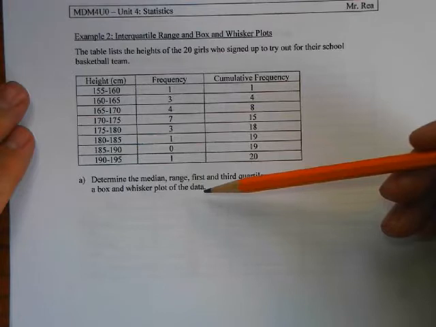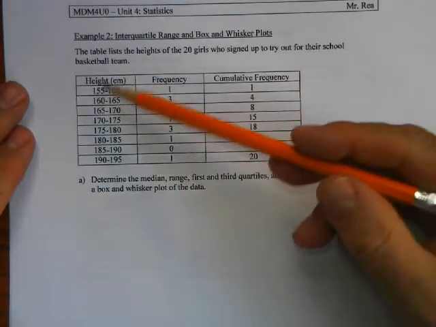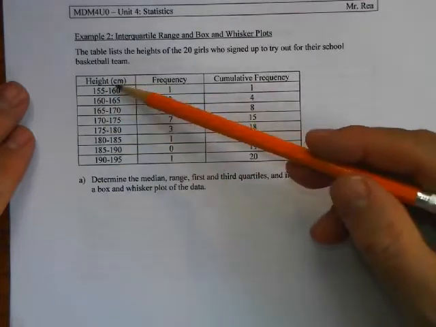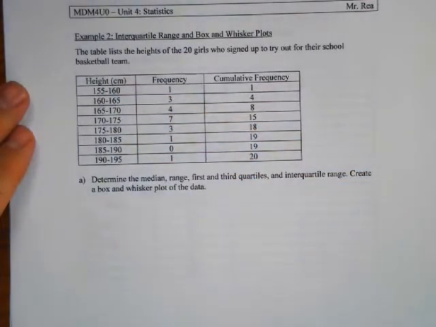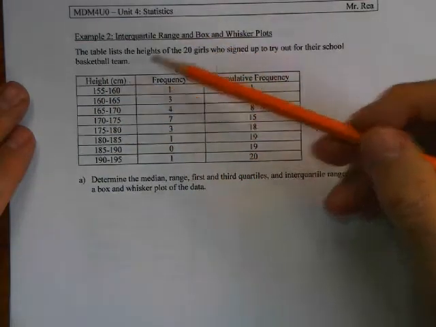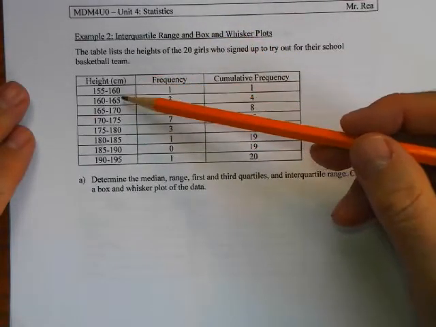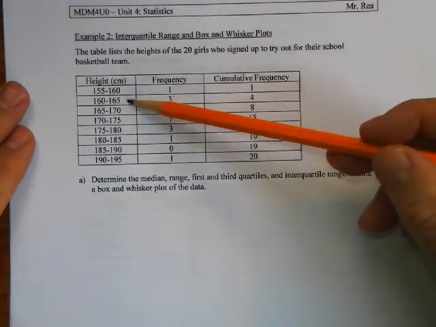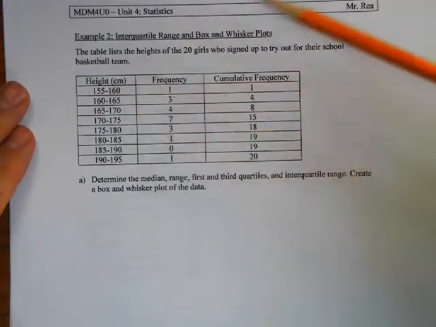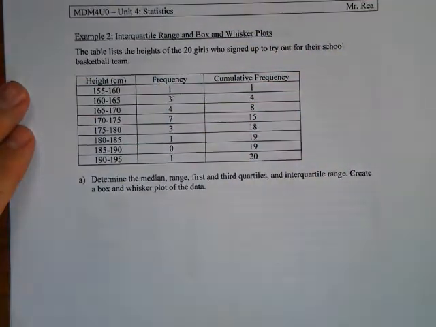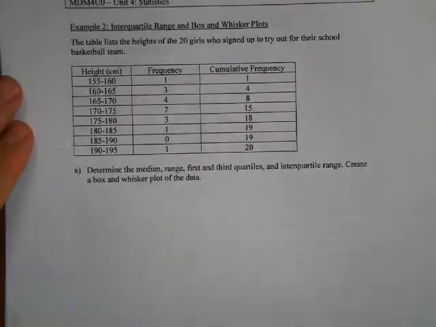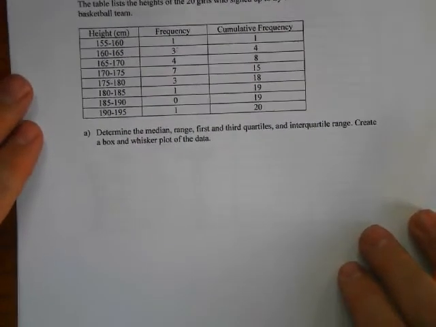It won't be a problem here, but if I was creating these groups, I definitely wouldn't have done it this way. Where would you put a girl that had a height of 165? Do you put her in this group or this group? Because both groups have the same height, so it's a little confusing. So we'll just ignore that, because sometimes you get data that's not the way you want it.